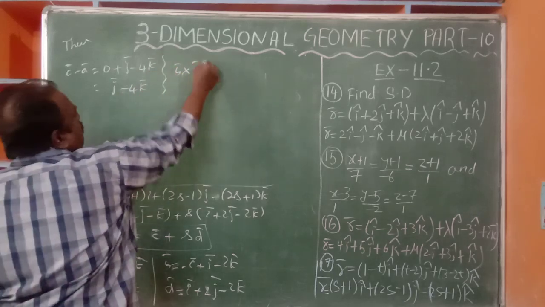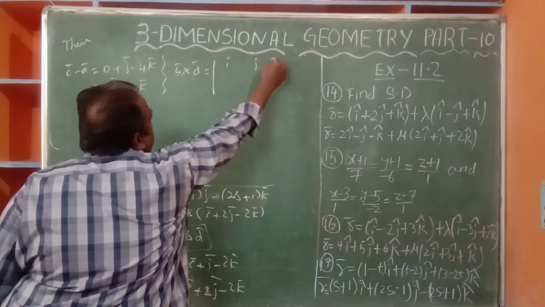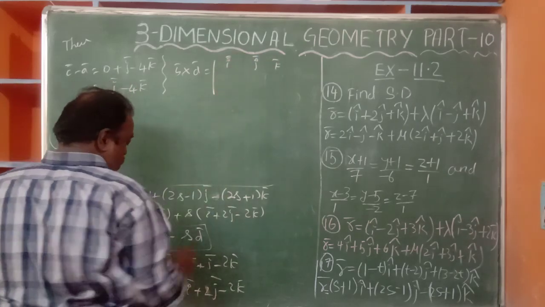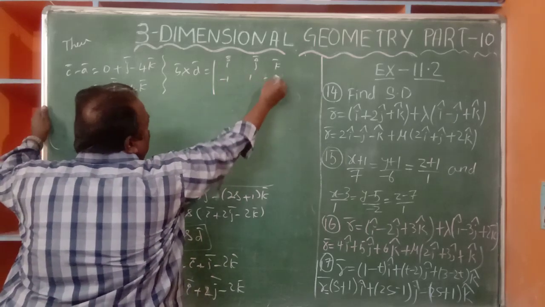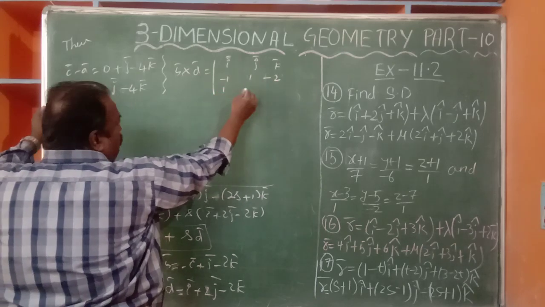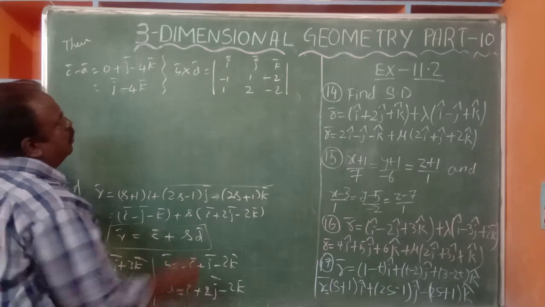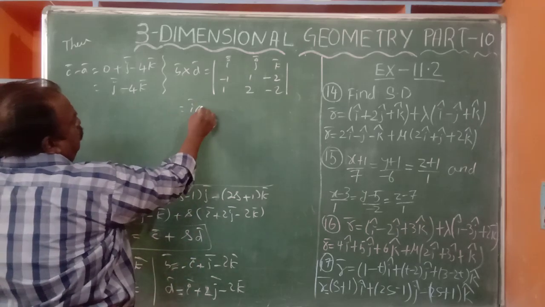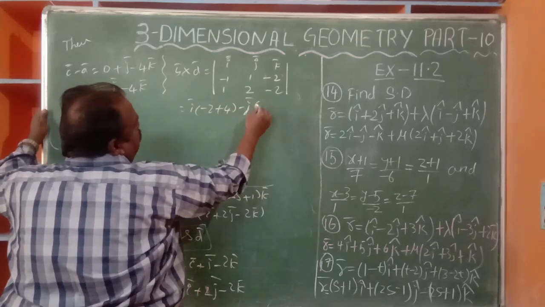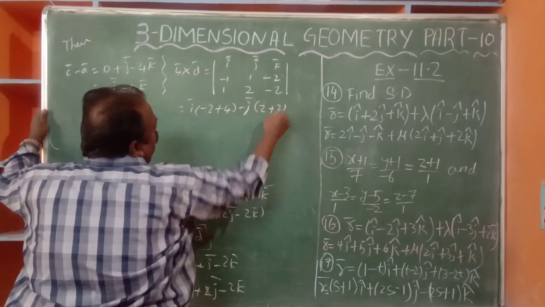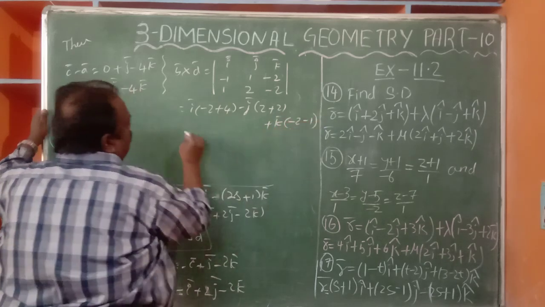B bar cross D bar: the determinant with i, j, k, minus 1, 1, minus 2, and 1, 2, minus 2. It is i of (minus 2 plus 4), minus j of (2 plus 2), plus k of (minus 2 minus 1).